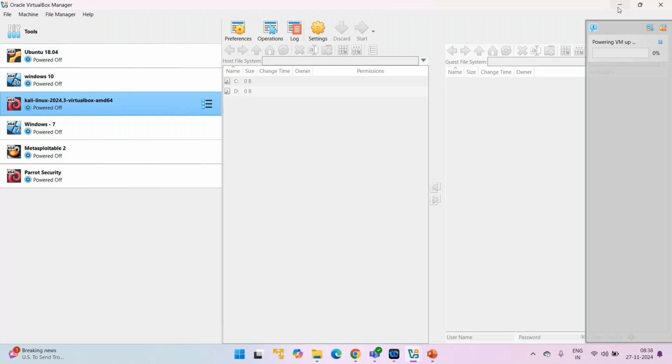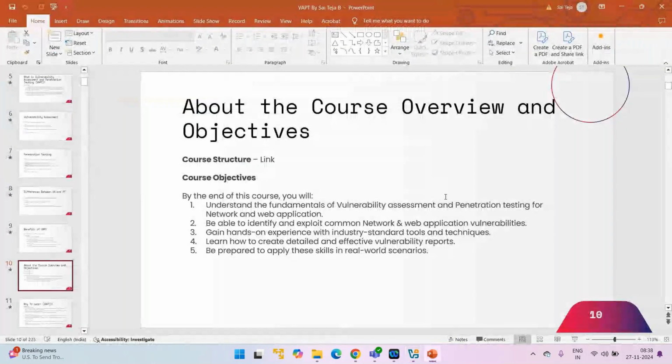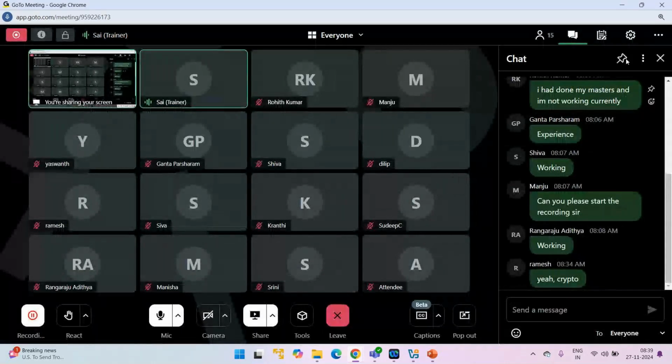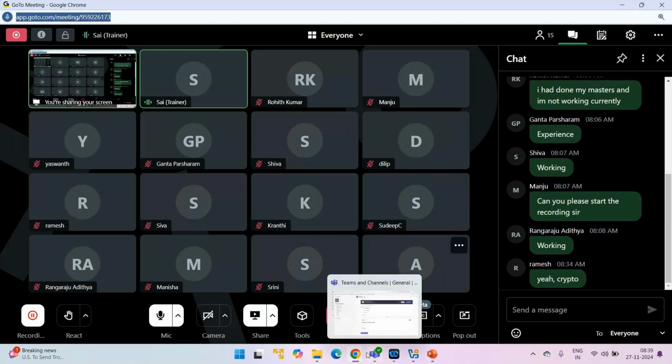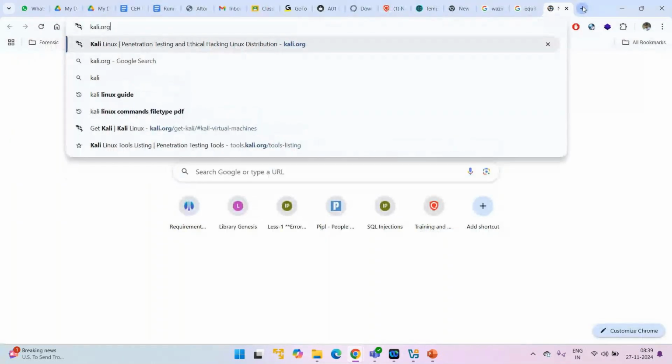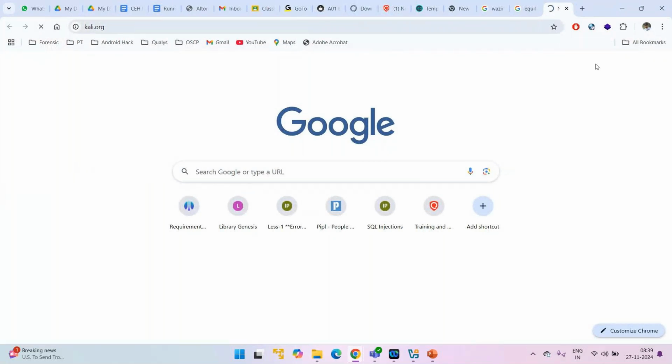One is an attacker system, as I said, and these are the various target systems to learn various attack scenarios. Why only Linux? All the required tools for us are pre-installed in it. For example, if you go to kali.org, it's an open source operating system, guys.